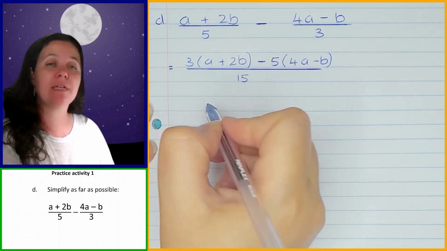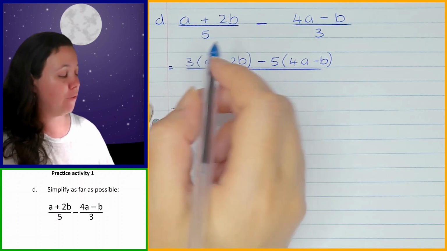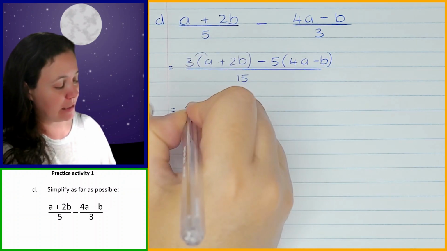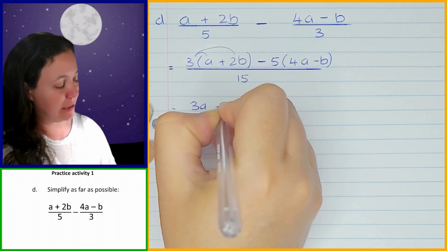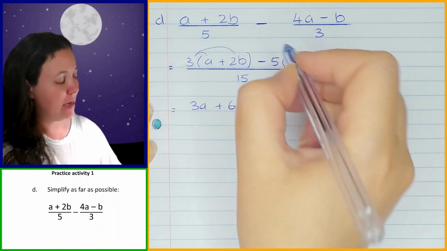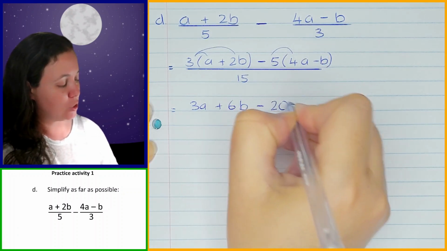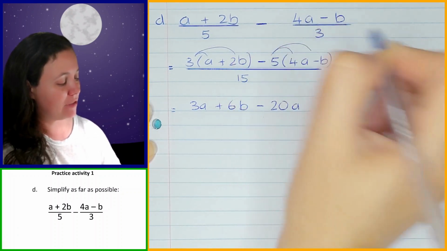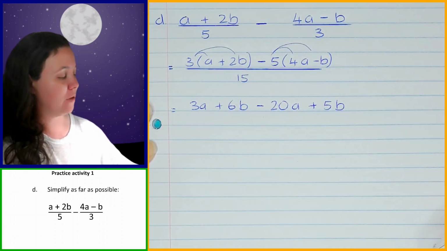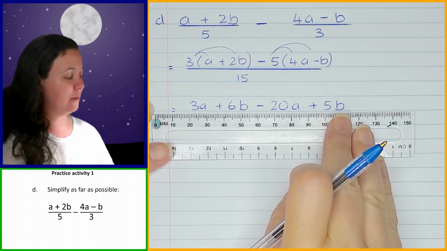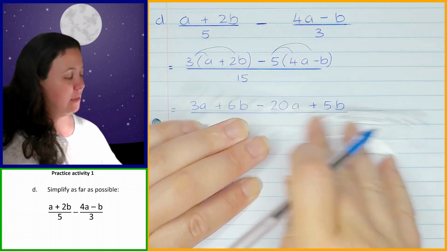Okay, once I've done that, I then go and multiply out my brackets. So I've got 3 times a, that's 3a, and 3 times 2b is plus 6b. Then I've got negative 5 times 4a, that's minus 20a, and negative 5 times negative b is positive 5b. And that all goes over my denominator of 15.